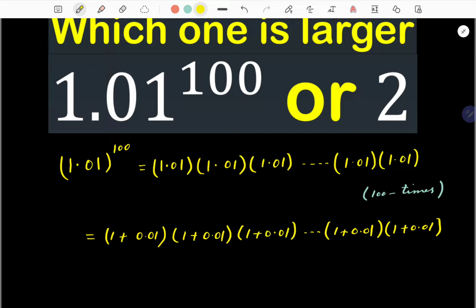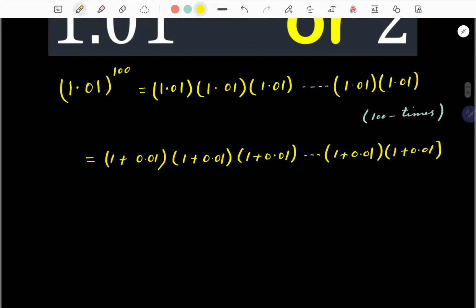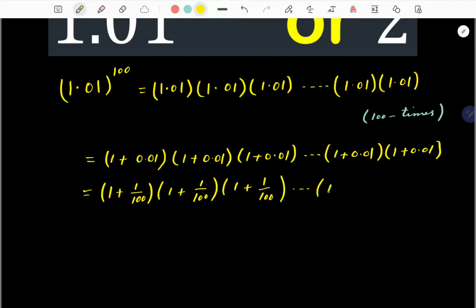Now we can write 0.01 as 1 over 100. So it is 1 plus 1 over 100, 1 plus 1 over 100, and so on, 100 times.